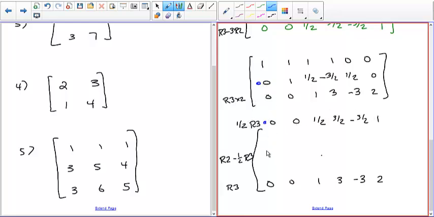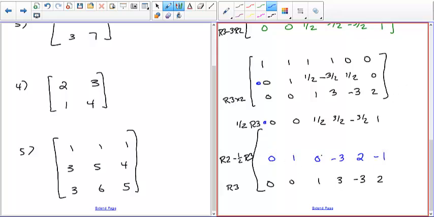So you'll get 0, 0 minus 0 is 0. 1 minus 0 is 1. 1/2 minus 1/2 is 0. Minus 3/2 minus 3/2, so that'll be minus 6/2, so that's minus 3. And then we have 1/2 minus a minus 3/2, so that's 1/2 plus 3/2, which is 4/2, which is 2. And then we have 0 minus 1, so we get negative 1 there.